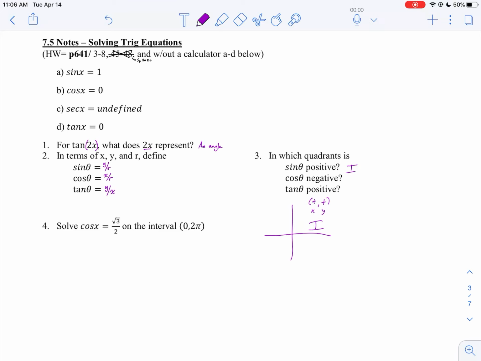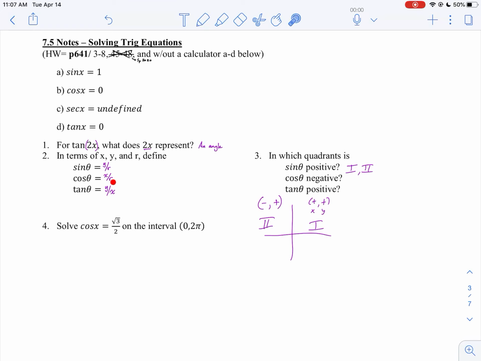So that means sine is positive in quadrant 1. Where else are my y values going to be positive? Because remember, my radius is always positive. Well, in quadrant 2, x values are negative, y values are positive. So quadrant 1 and quadrant 2.